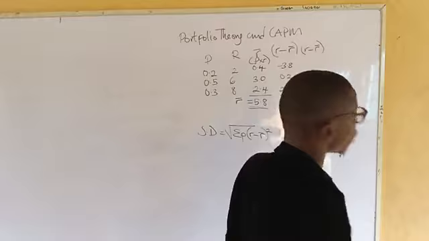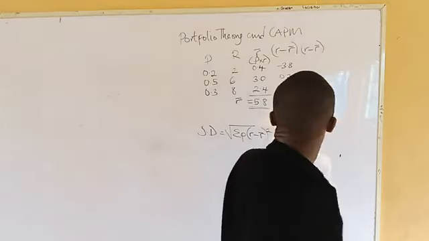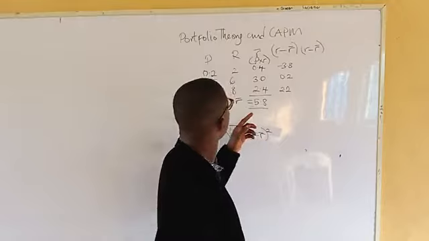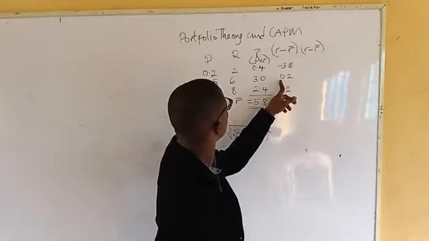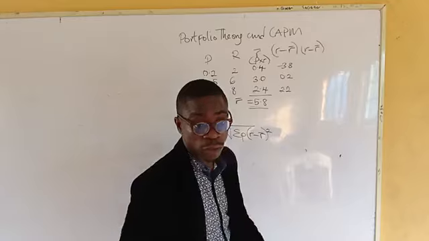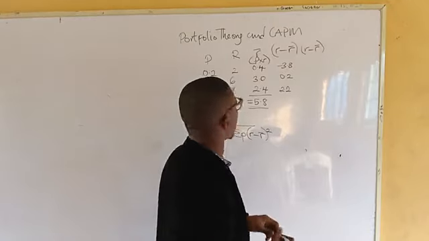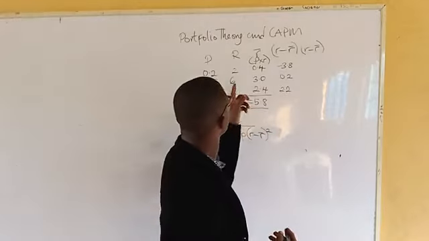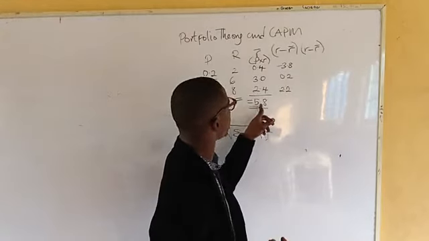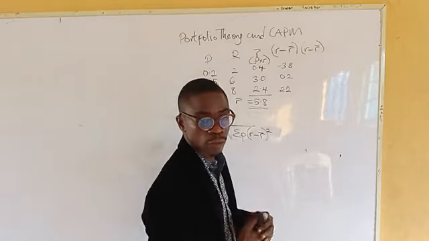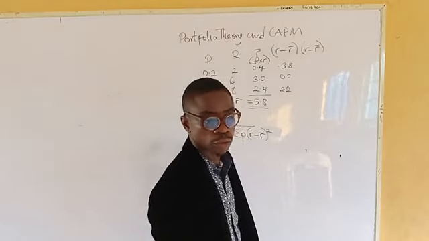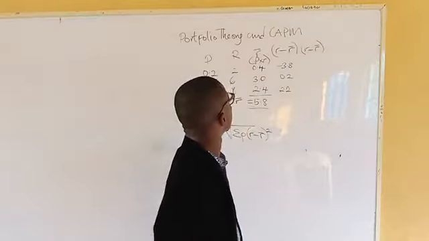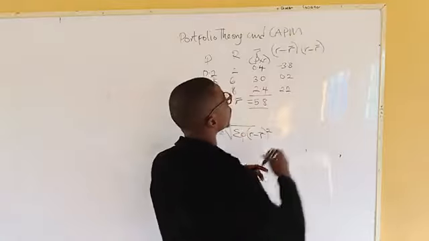Now we're getting 0.2. Which one, ma'am? That's R minus R bar, the second one. Yes, it's supposed to be 0.2, not 3.0. That's what you guys said now. Okay, thank you. Don't worry.